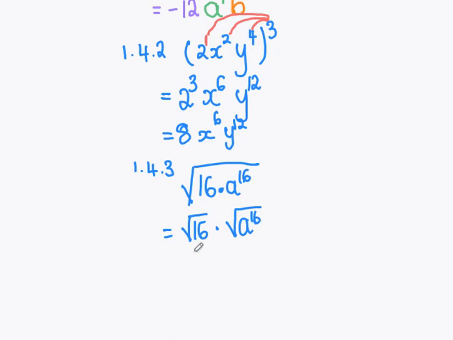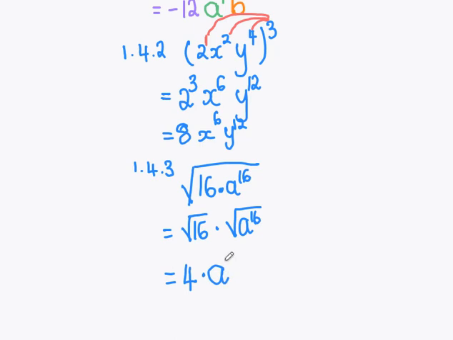Okay. So what is the square root of 16? We know that the square root of 16 is 4. So we have our 4 there. And we also know that the root is actually a dividing fraction. Because this is a square root, we divide by 2.